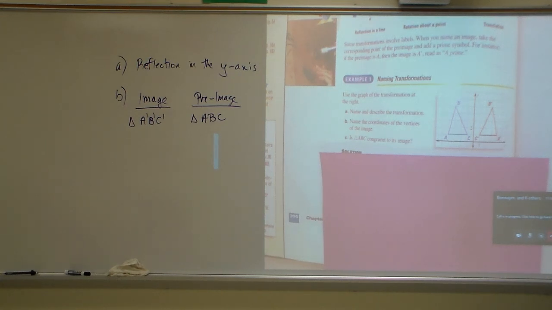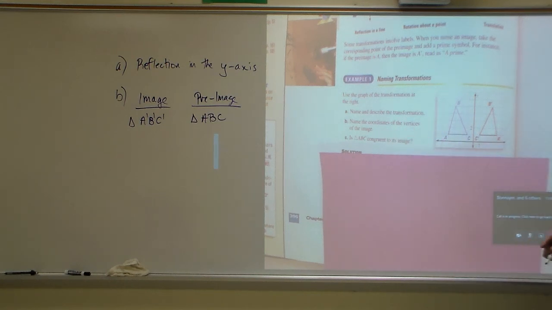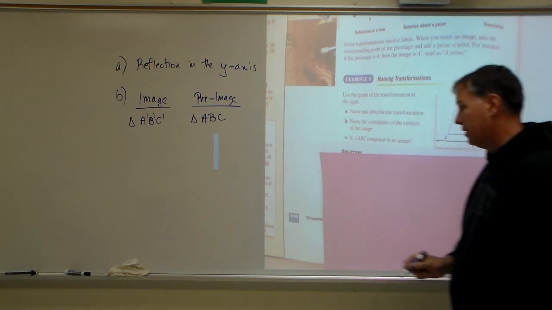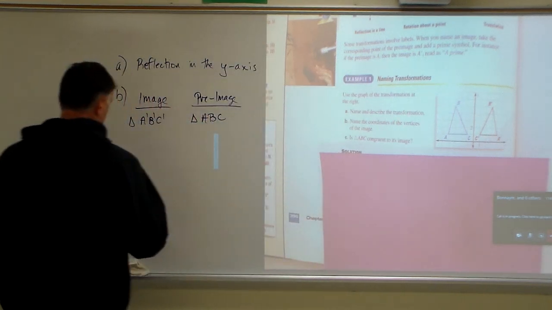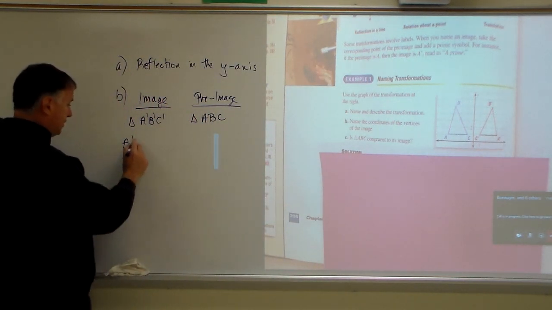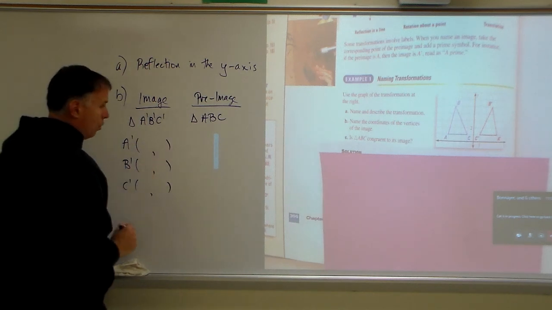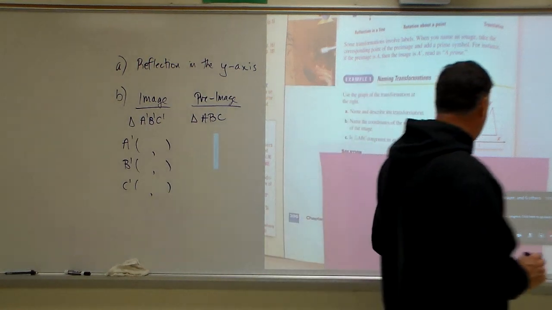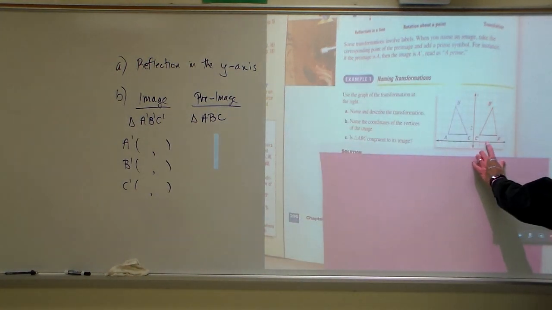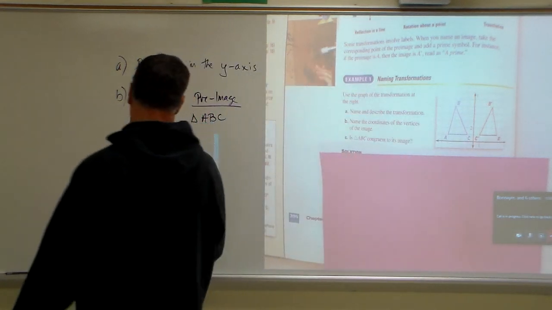But that's not what they asked for. They asked for the coordinates of the vertices of the image. So I've got to come up with these coordinates. I'm going to do A prime, B prime, and C prime. For A prime, I go over 1, 2, 3, 4, and up 1, so that's going to be 4, 1.